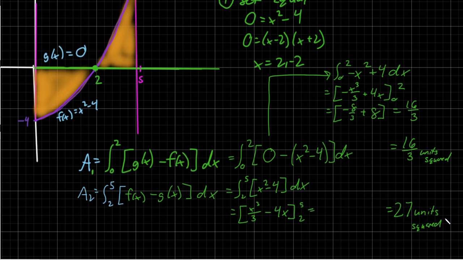Okay, let me see your calculators. Oh, you're adding them. Why are there so many 27s? I don't know how I did that.